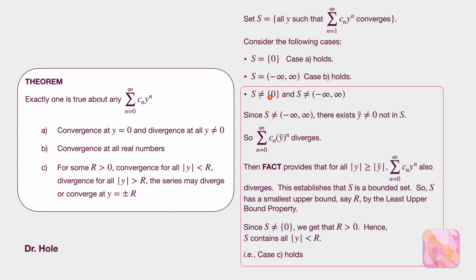Next, let's use the second part of our statement, that S is not just the center. Because S is not just the center, there will be some points other than 0, either a positive or negative quantity. Whichever way that goes, that establishes that our smallest upper bound, capital R, must be a positive quantity.